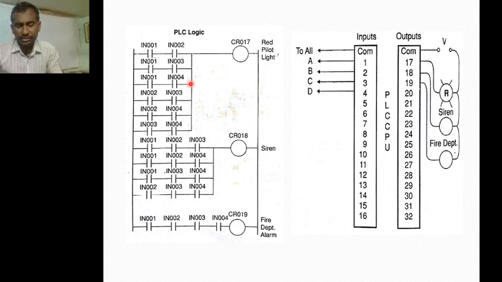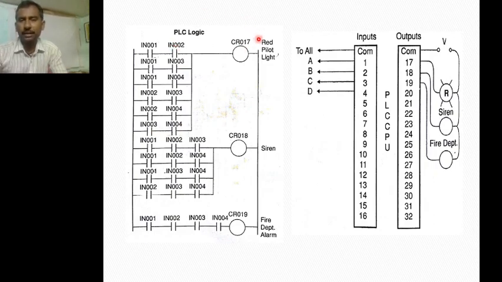In every combination we use two contacts, so we connect two contacts in series: IN001 and IN002, IN001 and IN003, IN001 and IN004, IN002 and IN003, IN002 and IN004, and IN003 and IN004. Whichever combination is on, CR017 will be on.